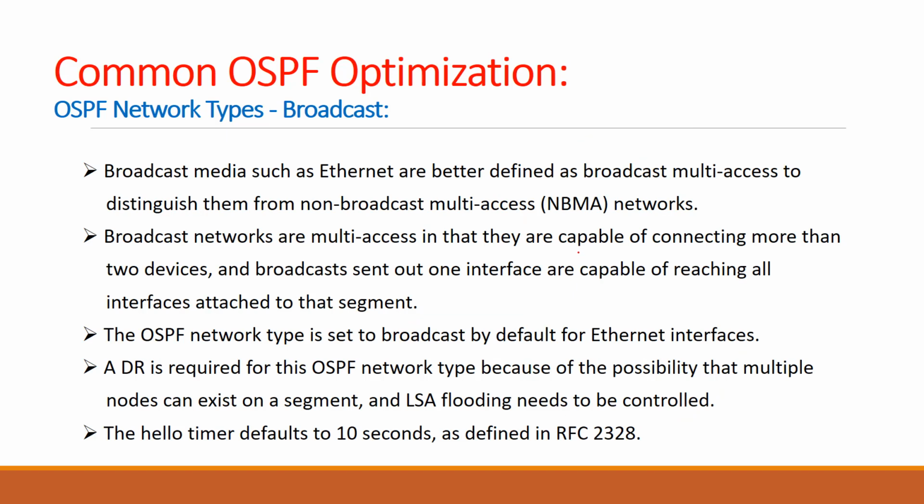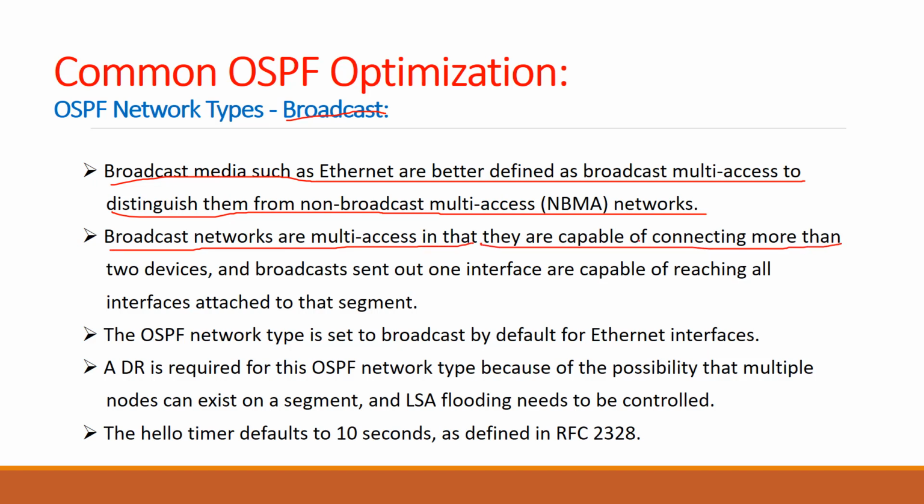Let's discuss the broadcast network type. Broadcast media such as Ethernet are better defined as broadcast multi-access to distinguish them from non-broadcast multi-access networks, or NBMA. Broadcast networks are multi-access in that they are capable of connecting more than two devices, and broadcasts sent out one interface are capable of reaching all interfaces attached to that segment.